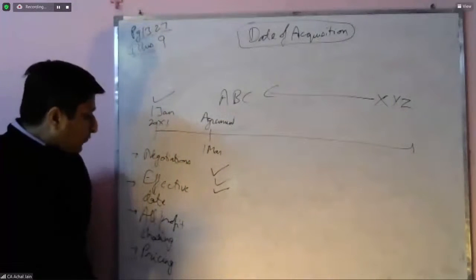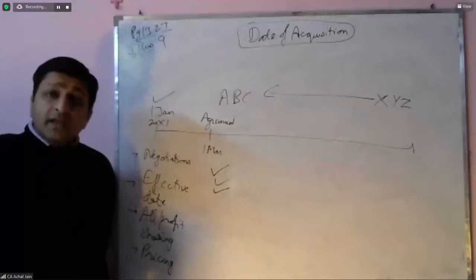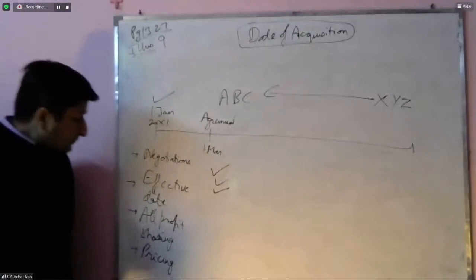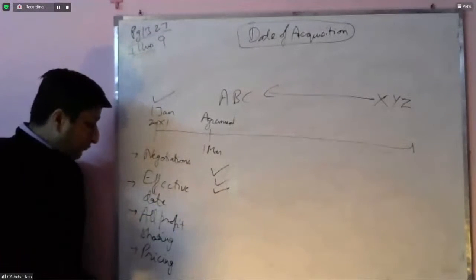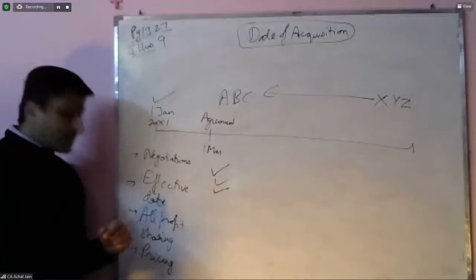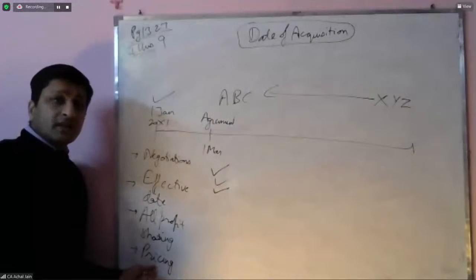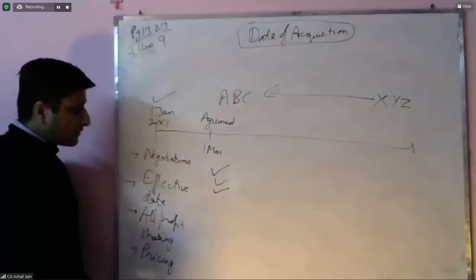No? Now, once again, what do we need to check? There are a lot of things which need to be analyzed and which are very, very significant. One, the profit sharing starts from 1st of January, and the pricing on the basis of which the deal is done is again based on the position as of 1st of January.